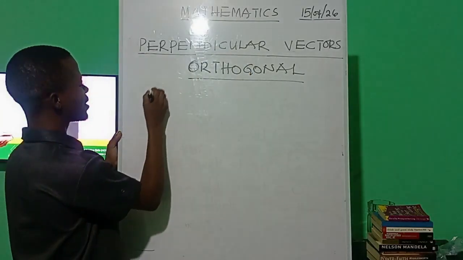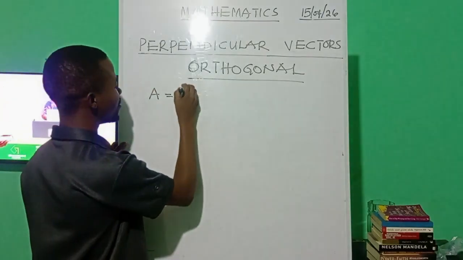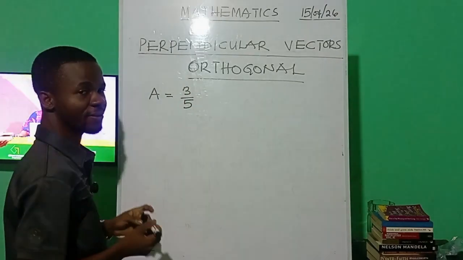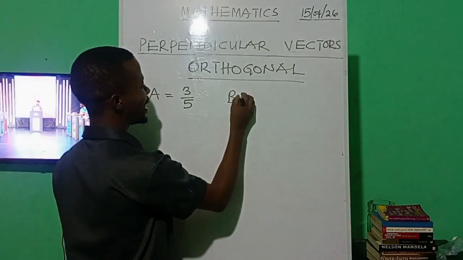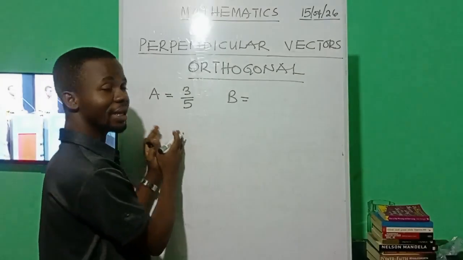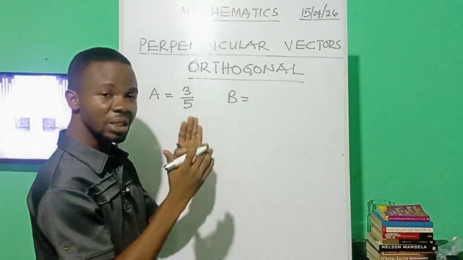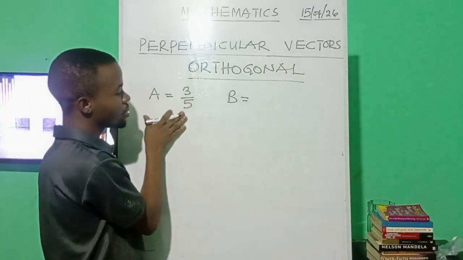If I have vector A and vector A has a gradient of 3 over 5, and given that B is perpendicular to A, it means B will have a gradient of, now you interchange the positions.